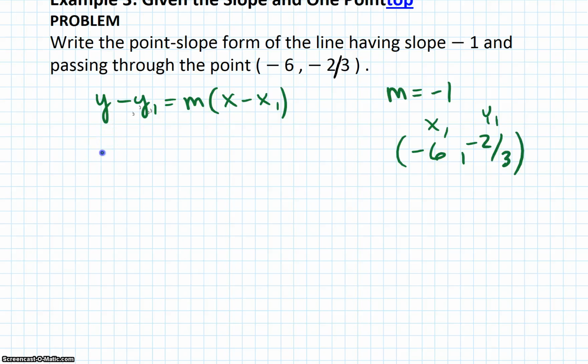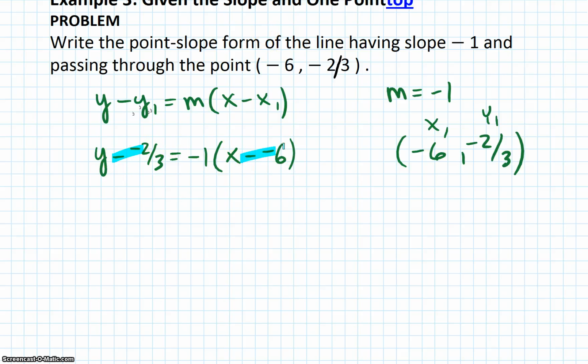Substitute this in: y minus y1, which is -2/3, equals m, which is -1, times x minus x1, which is -6.